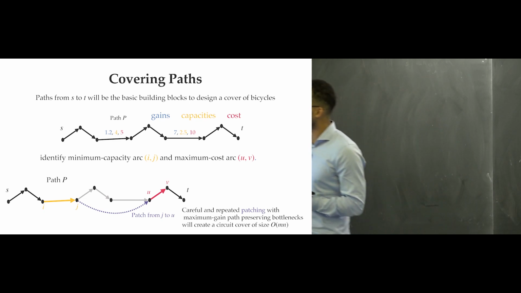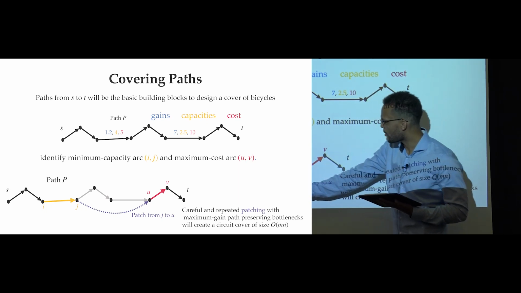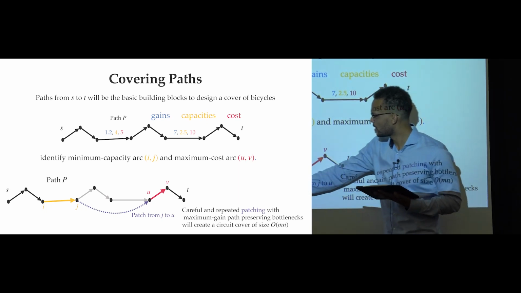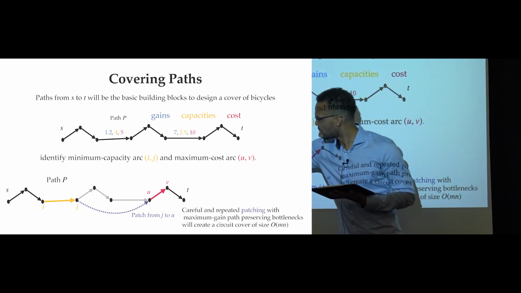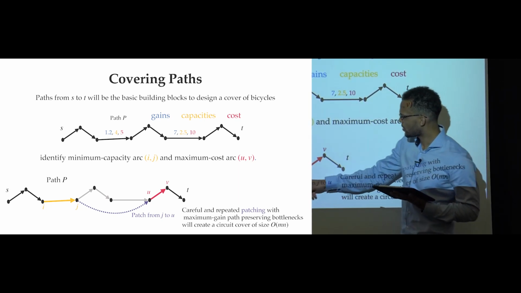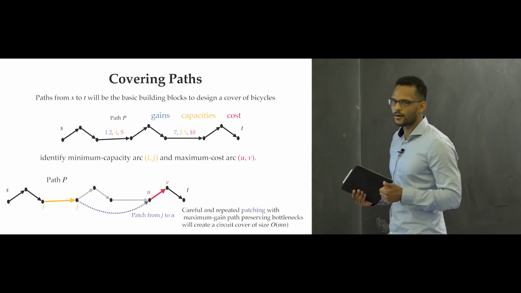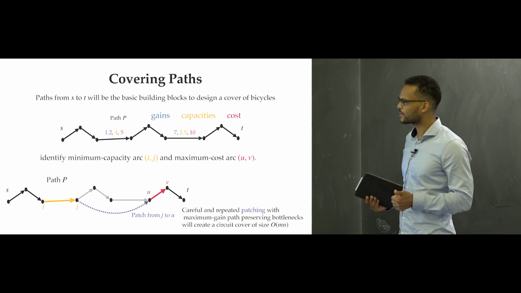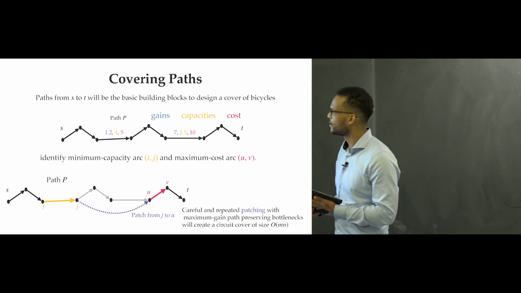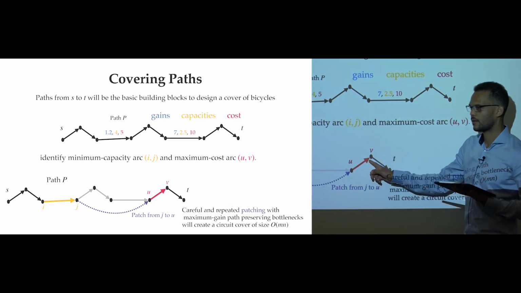So what you can do is you replace this middle piece by some generic patch. This generic patch only depends on this arc and on this arc. And this generic patch should have the property that no arc on this patch has smaller capacity than our capacity dominating arc ij, and no arc here should be as expensive as uv. Okay?